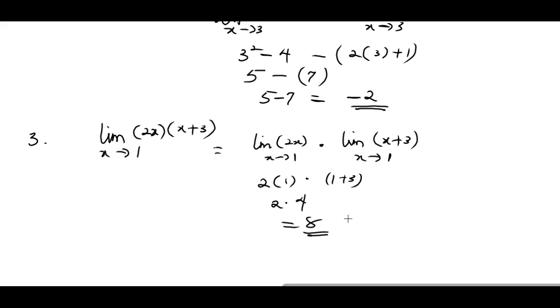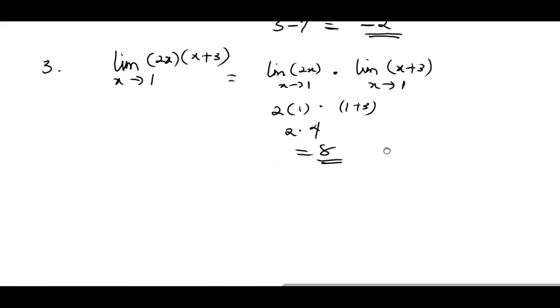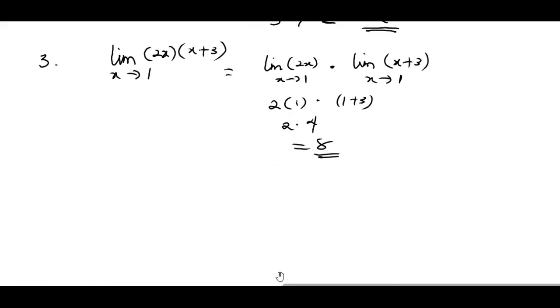So let's see how to deploy the quotient law. If we are to find the limit of x squared minus 4 over x minus 2 as x tends to 2, what we need to do first is factorize this numerator.